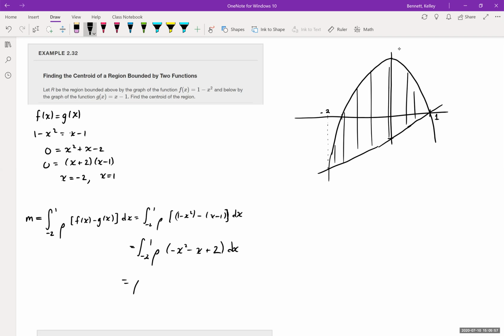So a straightforward integration follows: negative 1/3 x cubed minus 1/2 x squared plus 2x evaluated from negative 2 to 1. Just some straightforward arithmetic, and we'll end up with 9 rho over 2. So this is our total mass.